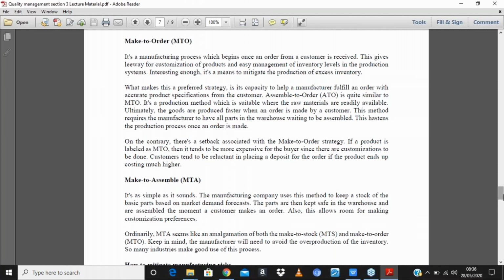So what are we saying in summary? Because you produce based on order, you produce based on demand. When an order has been made for something, then you can go in. It's called make to assemble.